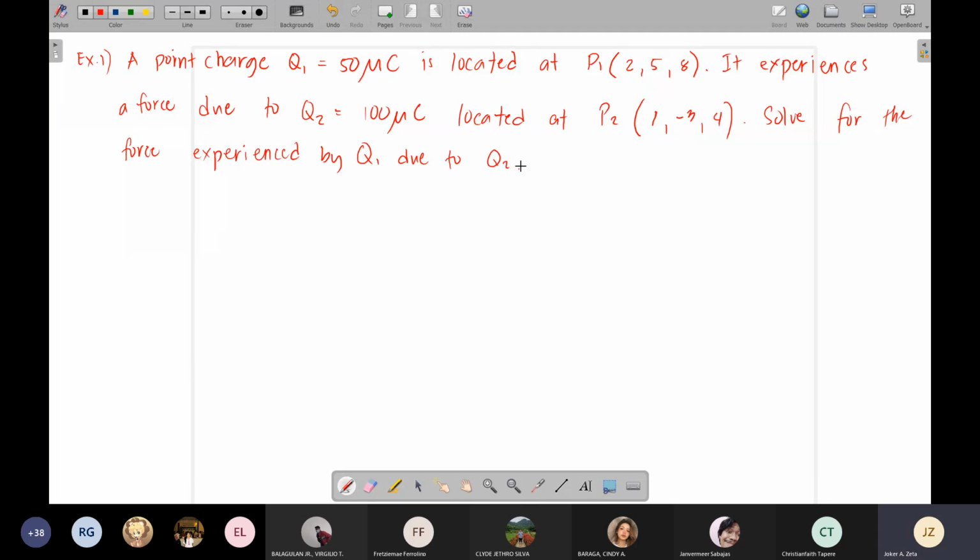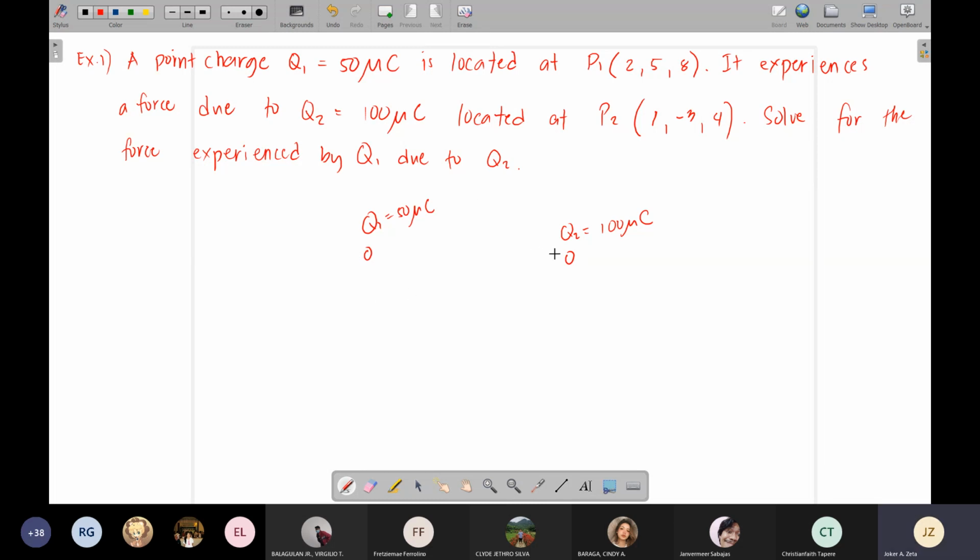So this is the first example for Coulomb's law. So let's say for example na ako'y Q1. Okay. So ang Q1 na to is 50 microcoulomb. Ang Q2 is 100 microcoulomb. Okay, si Q1 ko ang naka-experience of force tungod ni Q2.